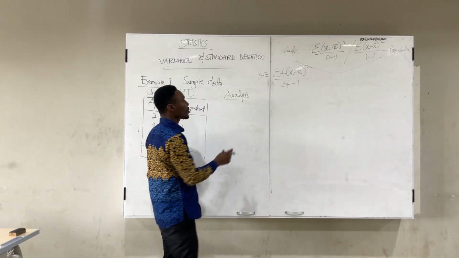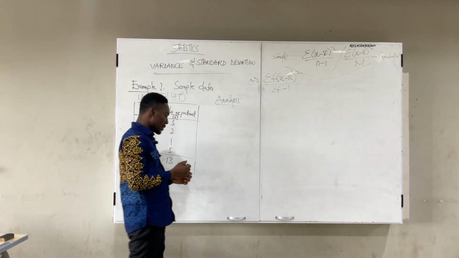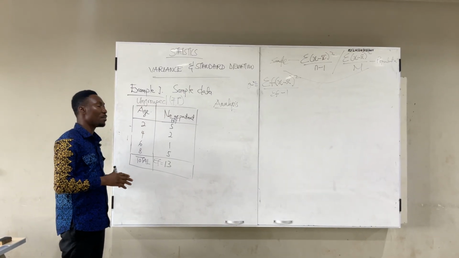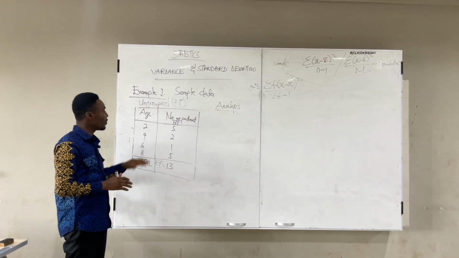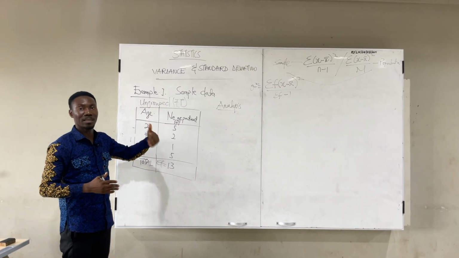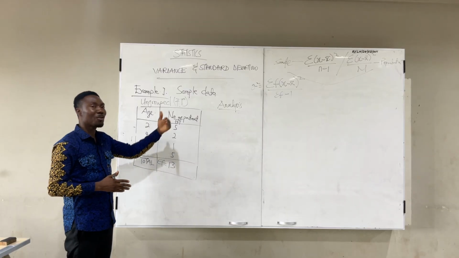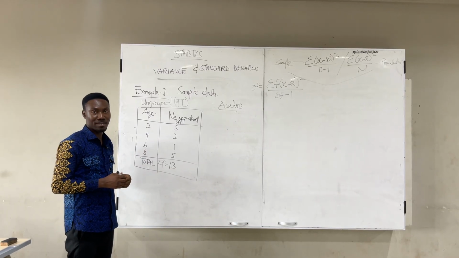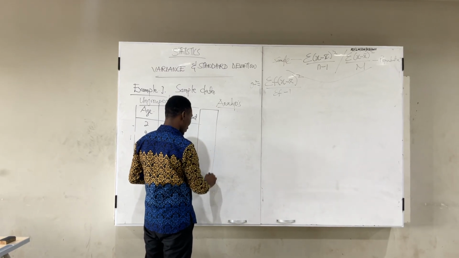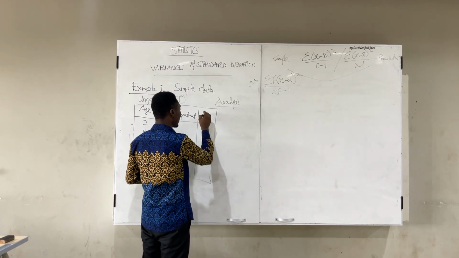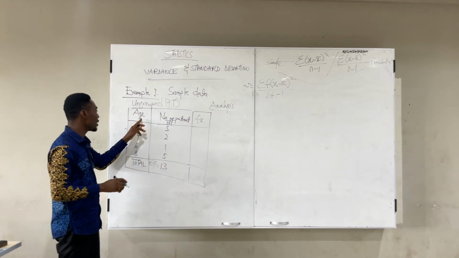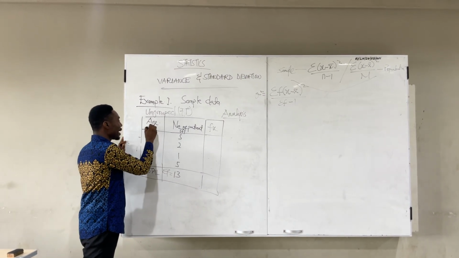Okay, the other component of the formula is the mean. Anytime you are given an ungrouped frequency table to calculate the mean, remember, we did this previously, you redraw the table again with an additional column called the fx. But remember, once you introduce this x, it means this variable column, you have to name it x.